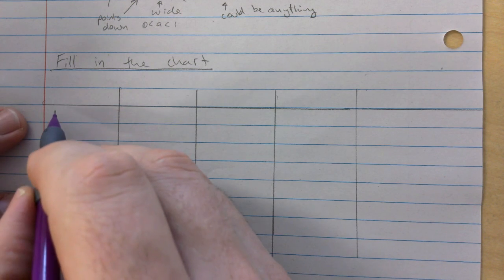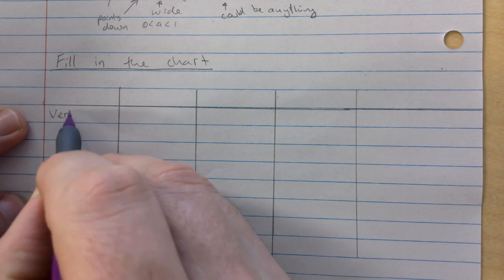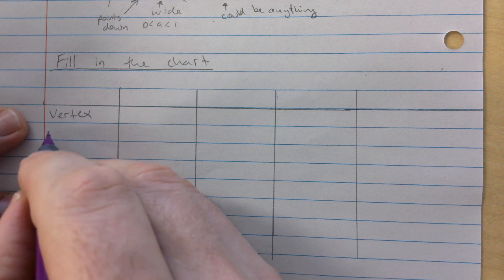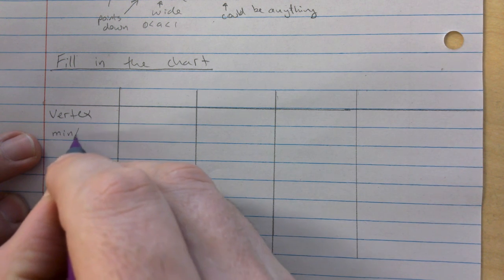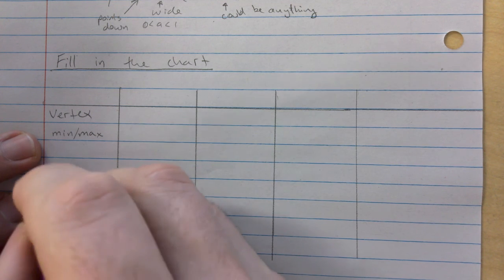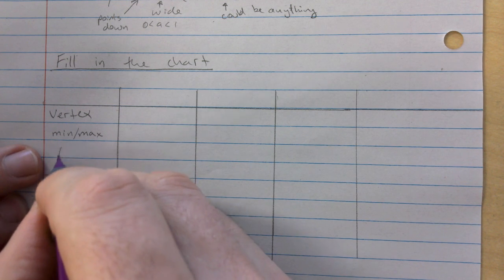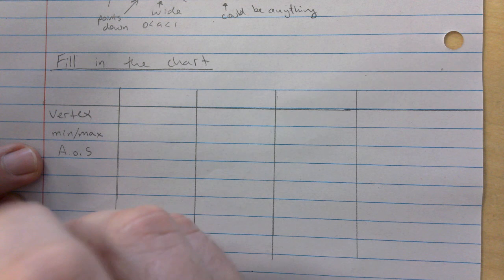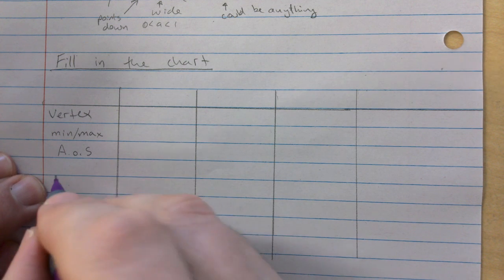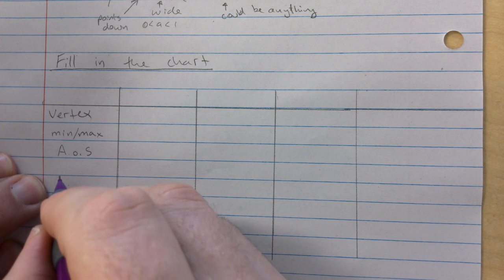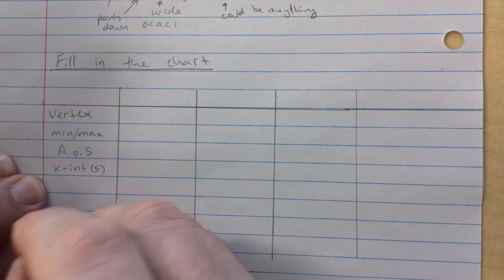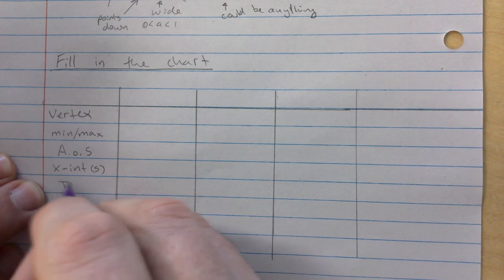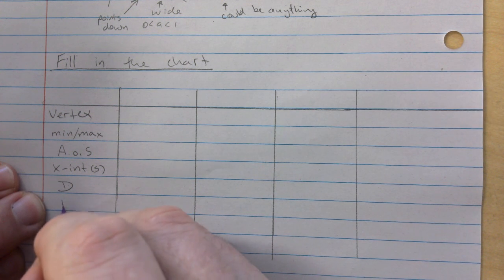And so I'm going to ask you to find the vertex. Min or max. Axis of symmetry. X-intercept or x-intercepts. Domain. Range.